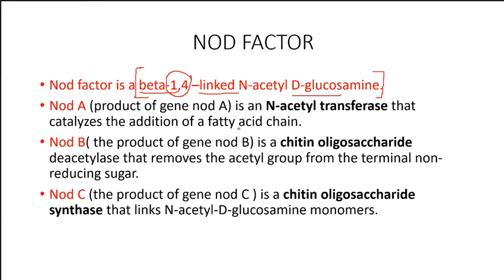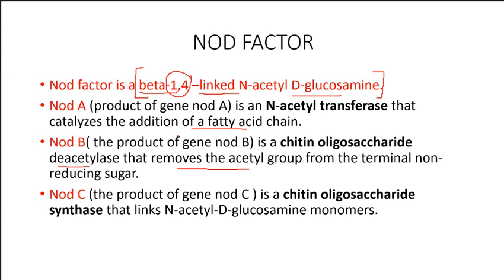NOD A is an N-acetyl transferase. It helps in the addition of the fatty acid chain. NOD B is a chitin oligosaccharide deacetylase. So one is an acetyl transferase, and another is a deacetylase, which, as the name says, removes the acetyl group.